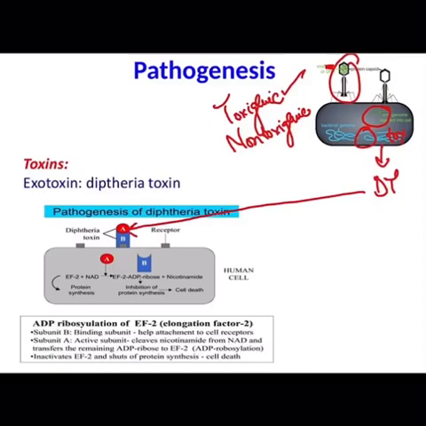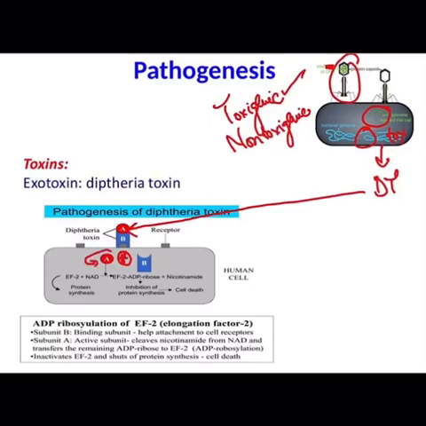B attaches to human cell with the help of receptor, and both of these are endocytosed and engulfed by cell membrane and an endosome is formed. Medium inside this endosome becomes acidic and both of these are actually joined together by disulfide bonds. They break and both of these subunits separate.